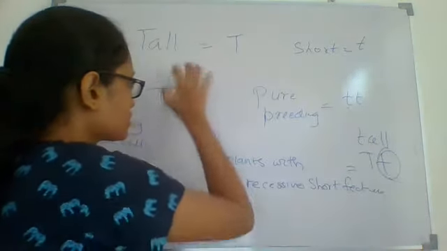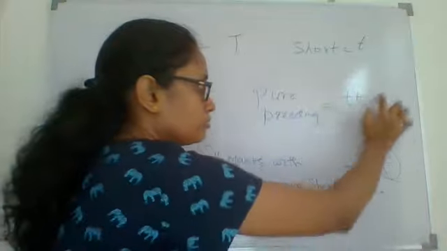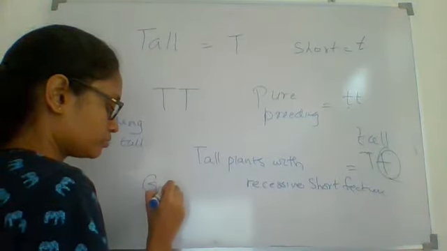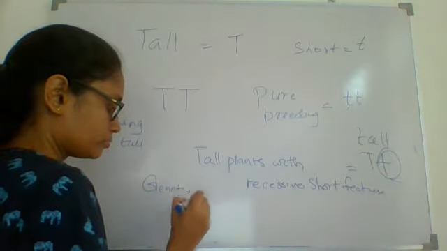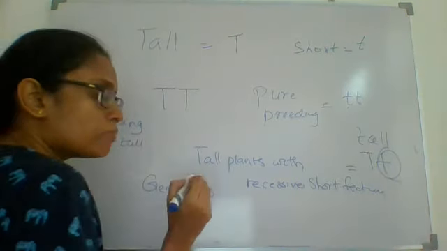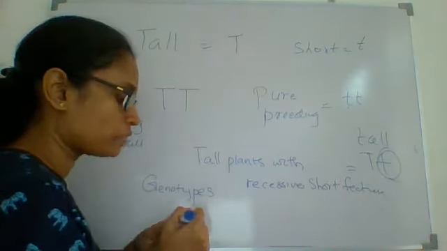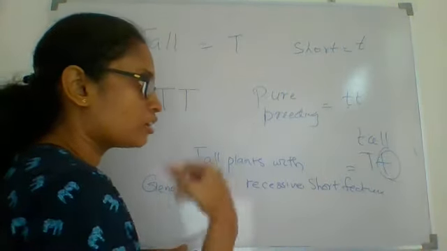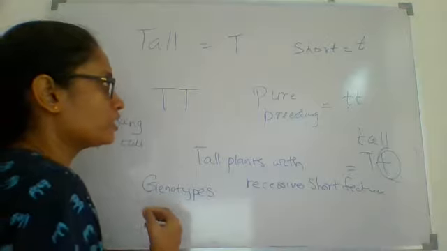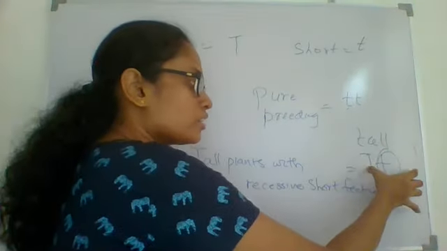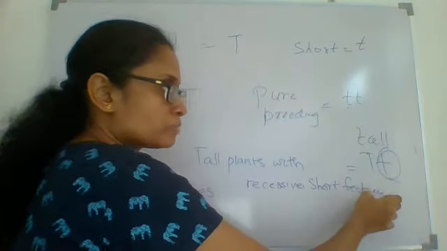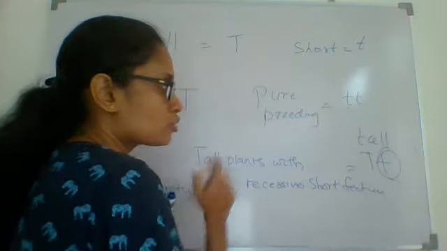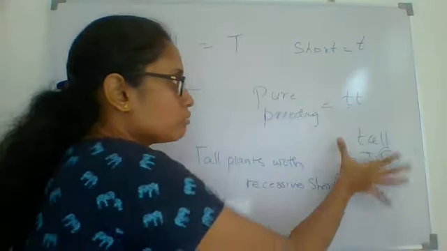So actually these we call genotypes. That means these letters. And the things that you can see physically, if you take this plant, it is tall. This is short and this is tall, right? So both these plants are tall, but this is short.